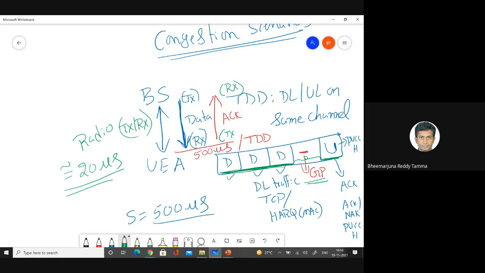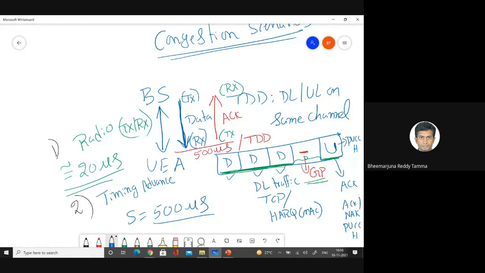So this is one reason, and the other reason why we have the guard period is something called timing advance. Maybe I may not go deep into this, but the idea behind it is very simple. Maybe I'll give a toy example.